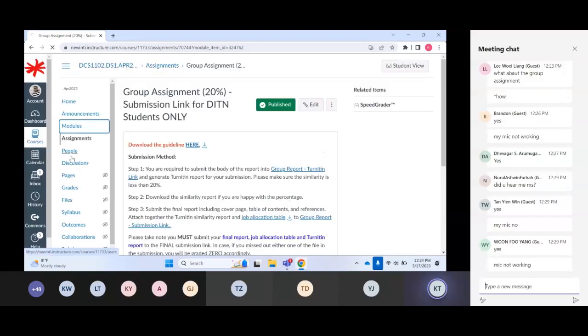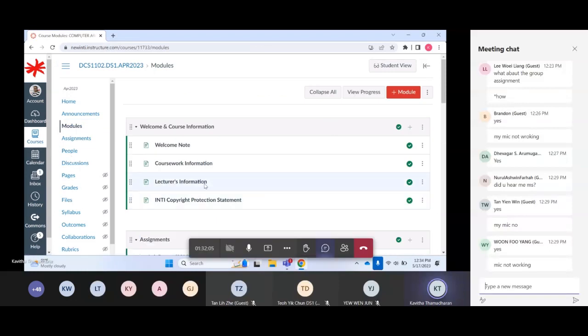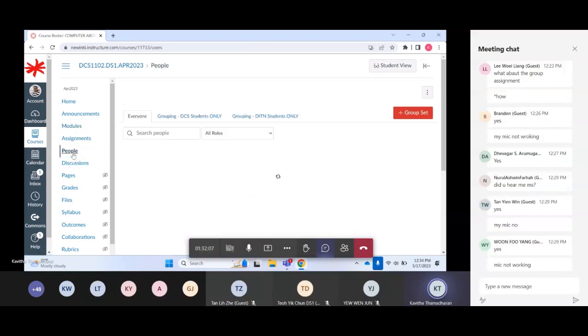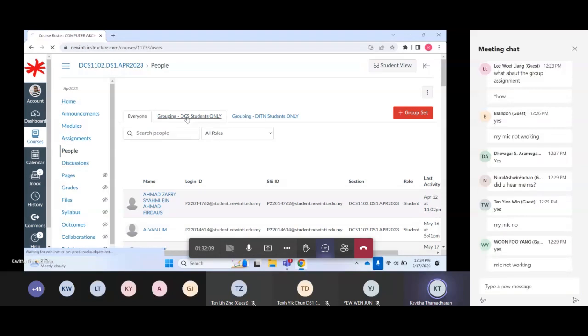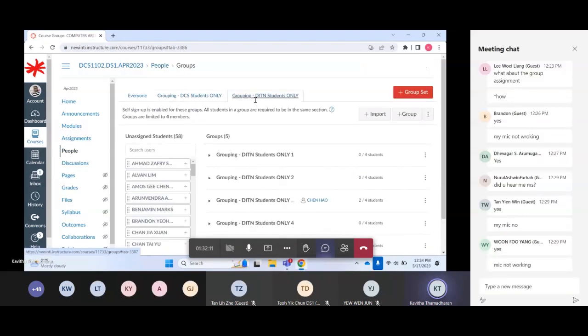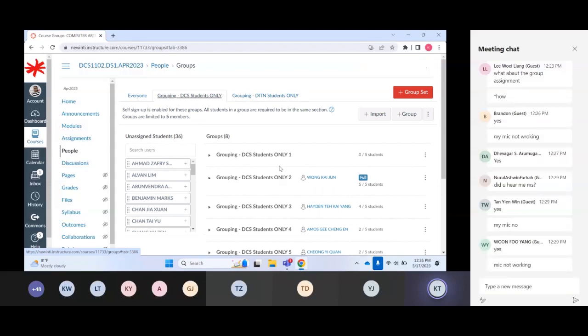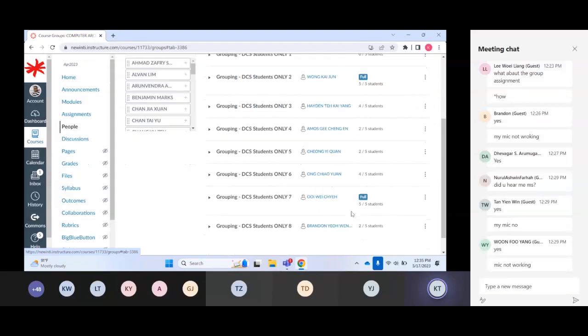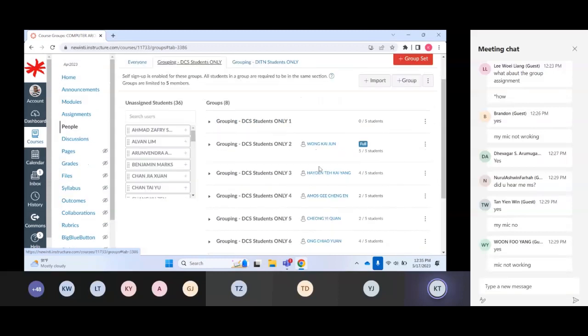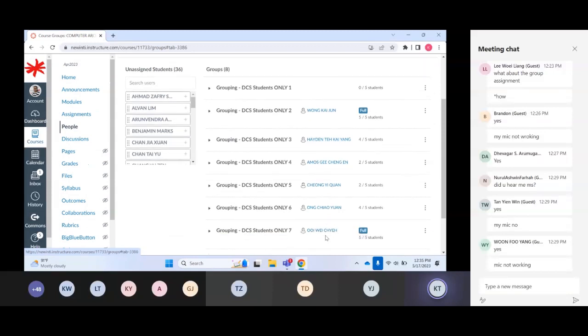Okay, so groups. How do you go for a group? You click People, and then you go to the grouping, DCS students only or DITN students only. Then you go and join your group. You can usually see those who are elected over here, they are the group leader.